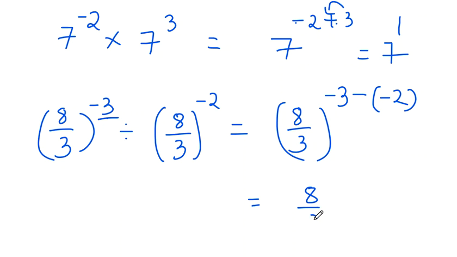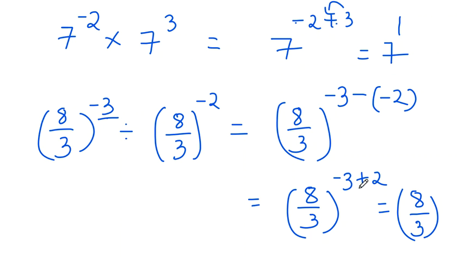So 8 upon 3 raised to minus 3 will be as it is, minus minus becomes plus 2. So that becomes 8 upon 3 raised to minus 3 plus 2. So 3 minus 2 is 1. And then the sign of the greater number. Yes, the greater number is 3. So the sign of it is minus. So we will put minus.